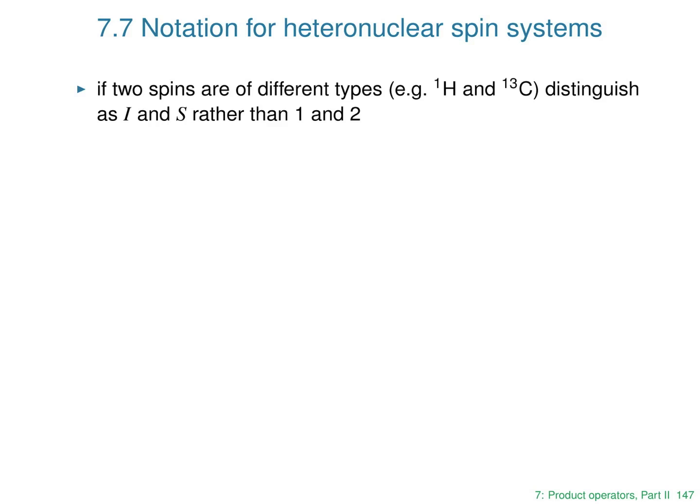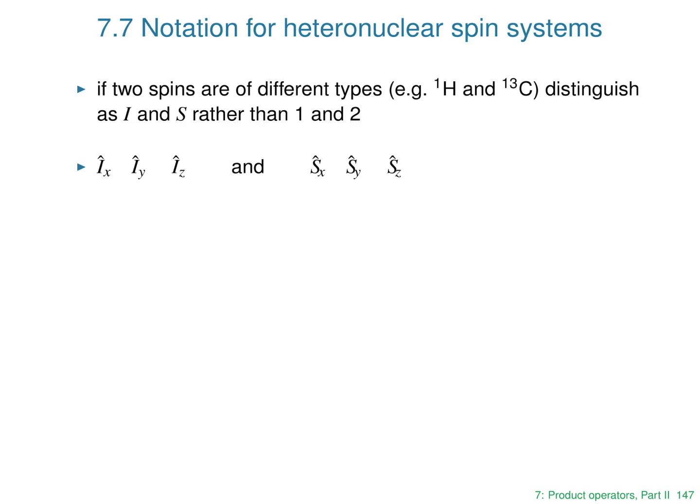When we talk about heteronuclear spin systems, for example, if the two nuclei are proton and carbon of different sort, it's quite common to switch to an IS notation rather than calling the operators I1 and I2, because it just creates a stronger contrast between them. It doesn't alter anything, it's just a notational thing.